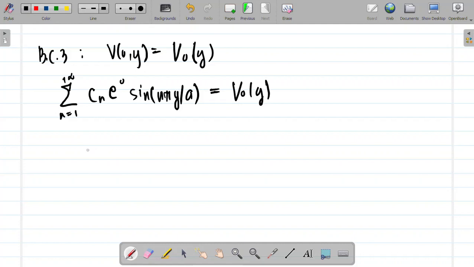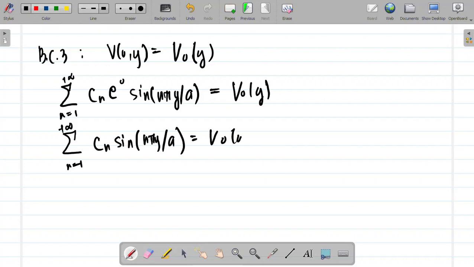Equals v naught of y. So, bale, summation n equals 1, positive infinity, c sub n sine n pi y over a equals v naught of y. So, class, yan ba yung value ng unknown coefficients natin? Actually, meron pang further way para malaman yung Cn.